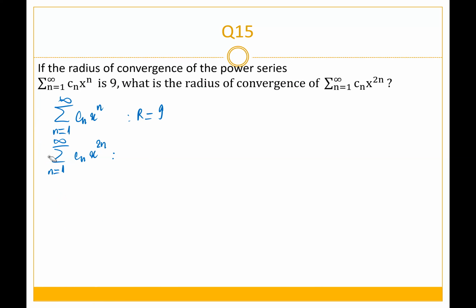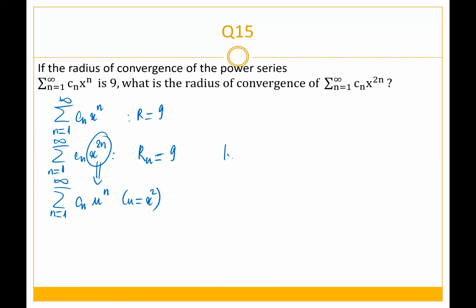When you come from the upper one to the lower one, okay, so the thing here is that when you have this radius is 9, basically when you look at this, instead of x squared, you can think of it as the series of cn u to the n with u equal x squared. So again, the radius with respect to u is going to be 9.